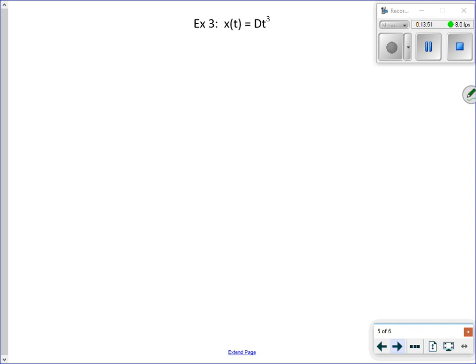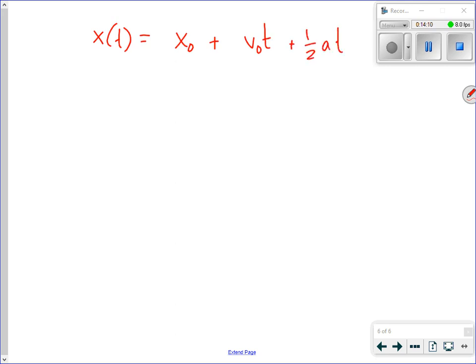Now what I want to show you is, what we said is, well, if x as a function of t, well, actually we should write it like this, plus v naught t plus 1/2 at squared.